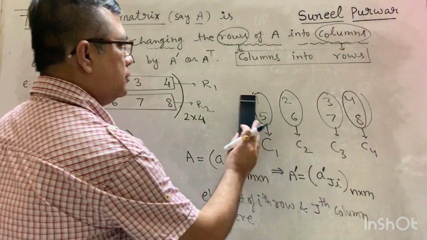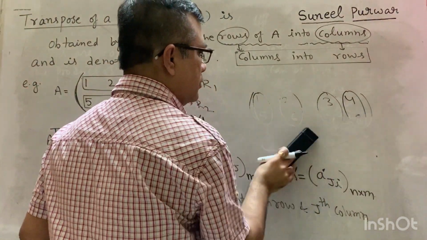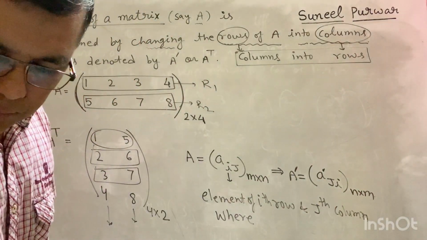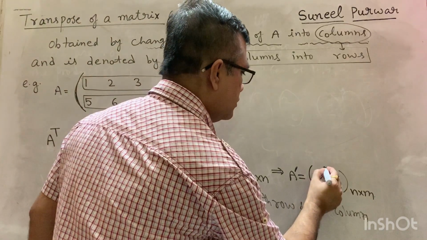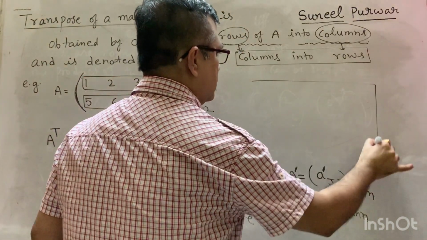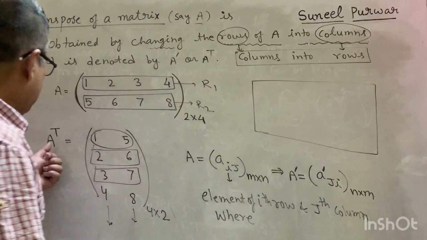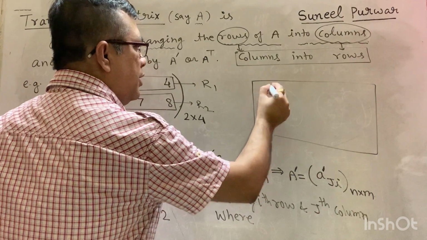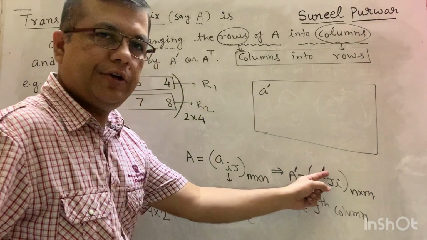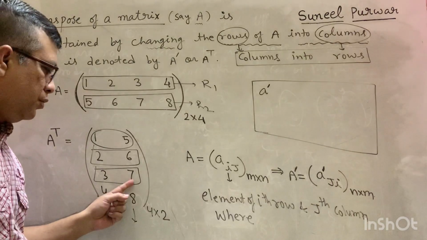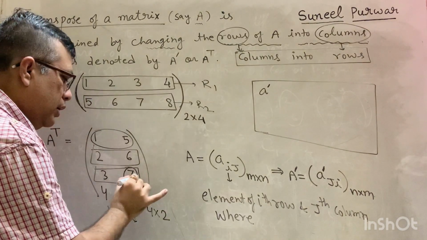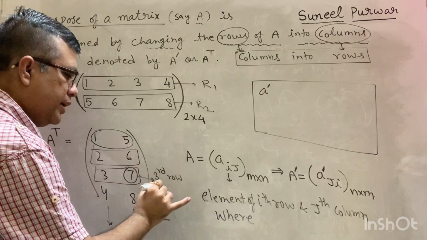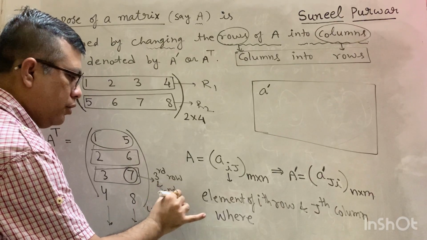Now you see another important observation. This is the transpose matrix. Let's see the element of the transpose matrix, which I am denoting as A dash. What is the position of this element? This element is in the third row and second column.